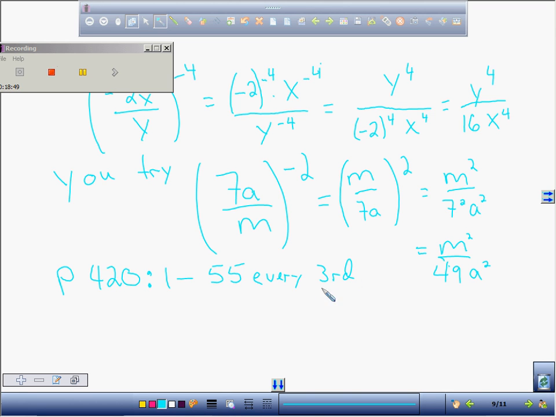So what that means is 1, then what? Yeah, you skip every 2. So you go 1, 4, 7, 10, keep going, 13, until I think it ends at 55, but I'm not sure. Okay?